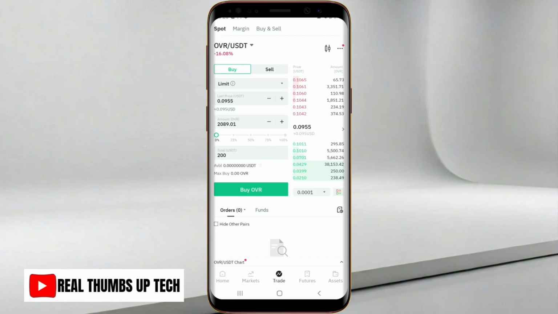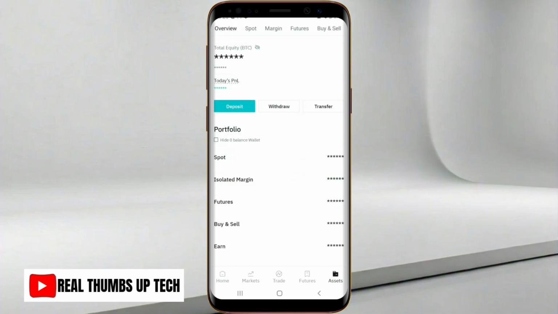If they remove their taker fee or their maker fee, depending on whether you use market order or limit order, at last, let's assume that with limit order, we'll be getting around 2088 OVR coins.